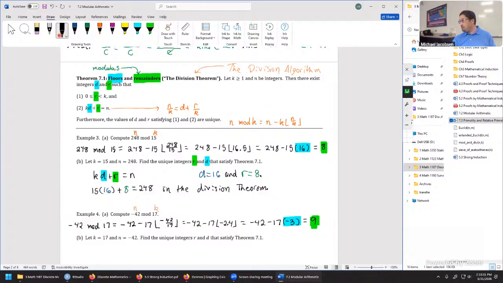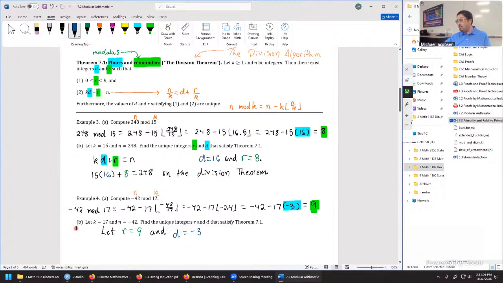Okay, well, let's finalize this one. There's not too much more to say. We'll just write let R be equal to 9 and D be equal to -3. We have a negative value here for the quotient, D, the floor, however we'd like to call it, only because the input N was negative itself.